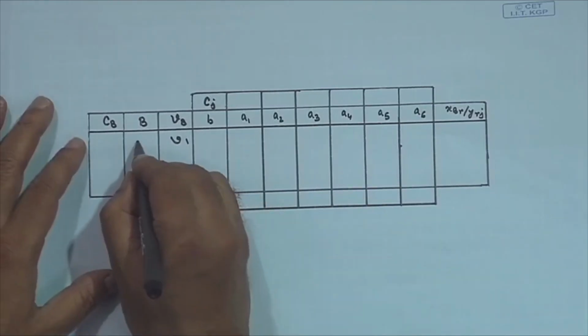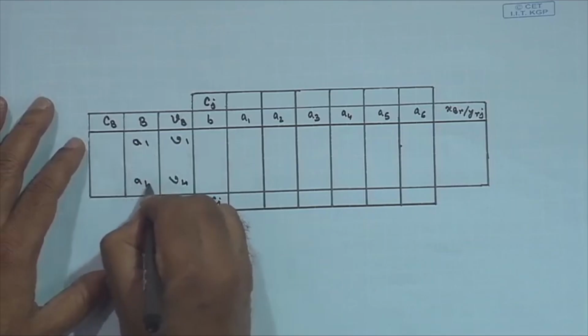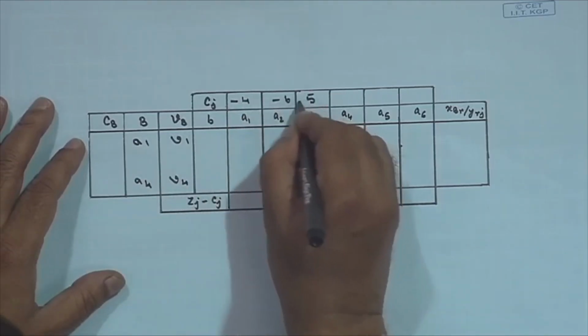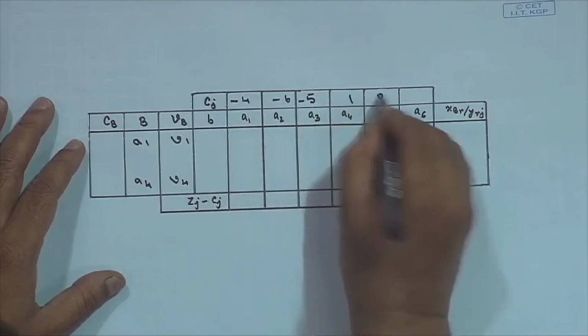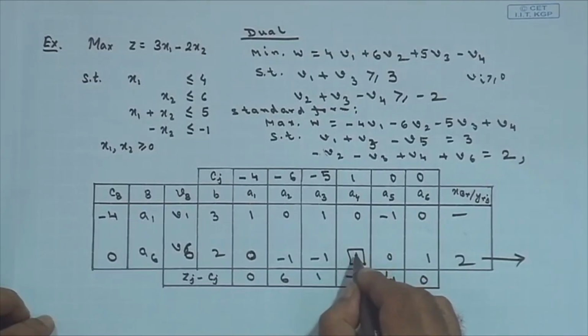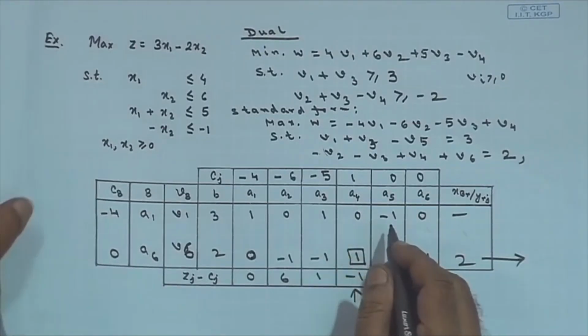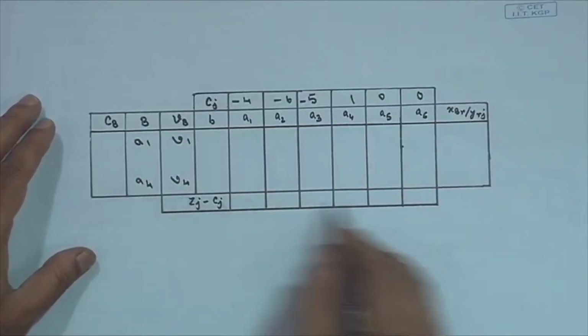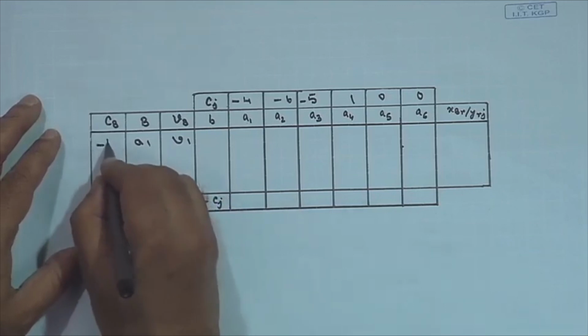So, it will be A1, A4, the coefficients will remain the same: minus 4, minus 6, minus 5 and 1, 0 0. Here this is your pivot element. So, basically it will remain the same. This is 1 and this is 0, already it is there. So, as such there will be no change, only the Zj minus Cj values will change.